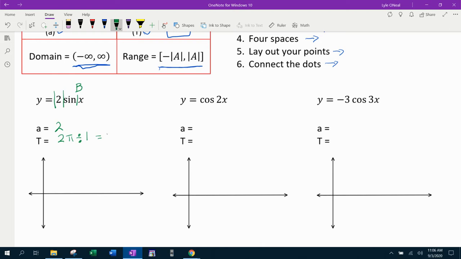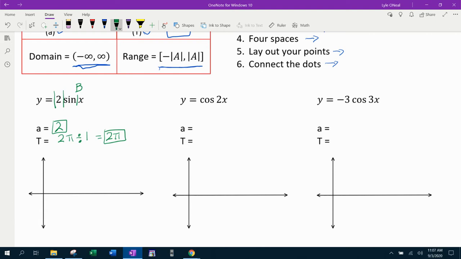Anything divided by 1 is itself. So now we know the amplitude and the period, and that should be enough information to go and produce the graph. Remember, I said later in other sections, we're going to find what's called a phase shift and possibly a vertical shift and deal with those, but that's not part of this lesson.